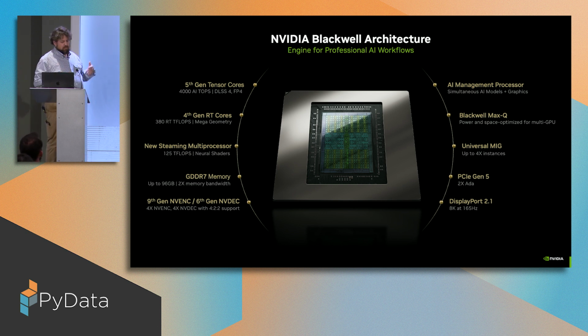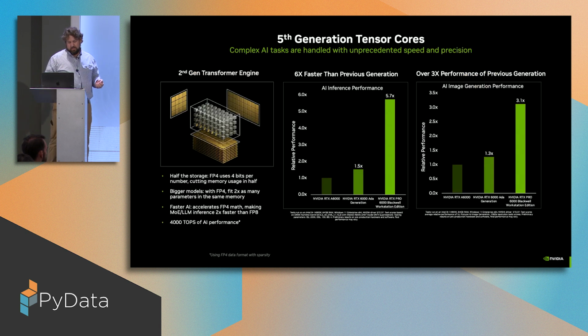New streaming multiprocessors are going to have even more flops on them, so if you do have a computationally heavy load, you will get a little bit more flops if you're using the right methodologies and so forth. But the thing that I really look at is the memory. Our memory is going to 2x the memory bandwidth. So for data, that means that I can actually start computing problems maybe even faster than I can if I went through the CPU. I can just go straight to memory and so forth.